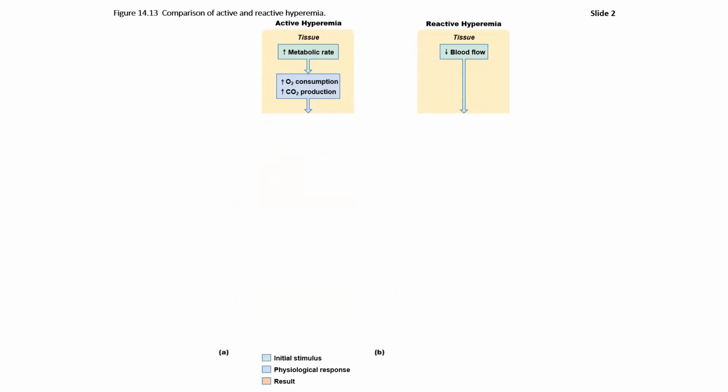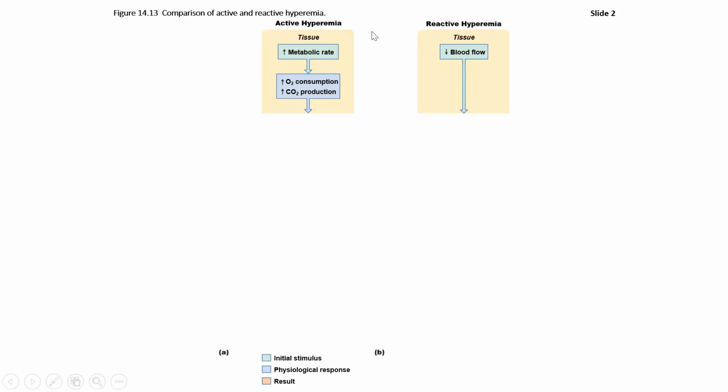I want you to think about an example here as someone very nicely brought up, exercise, right? If you're running or jogging, or even if you're running away, if you're using your skeletal muscles more, you're going to increase the metabolic rate of those muscles. That's going to require more oxygen consumption and more CO2 production.